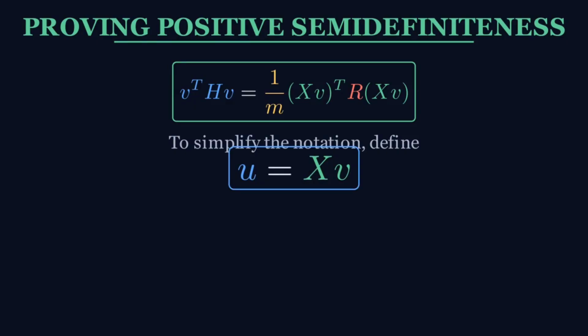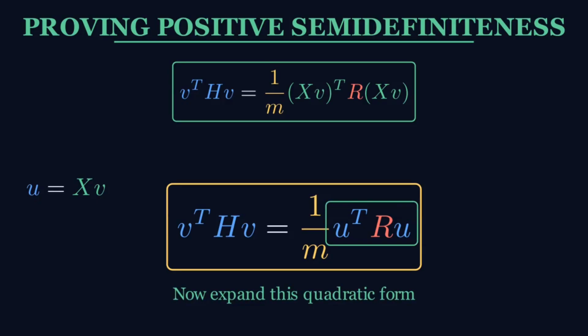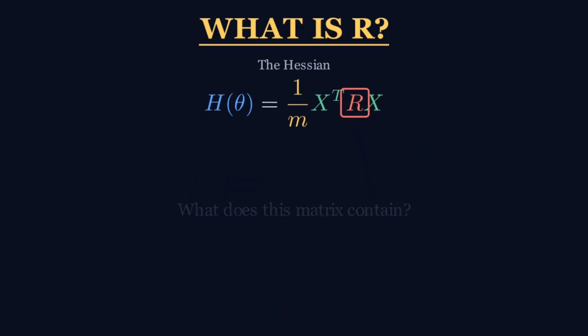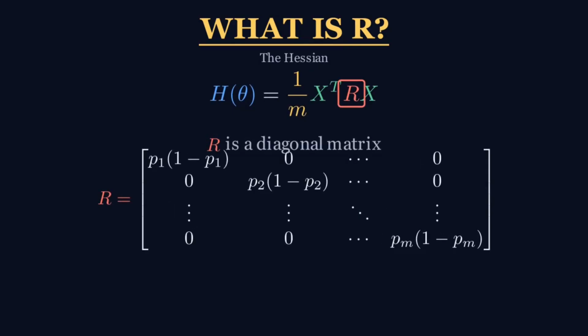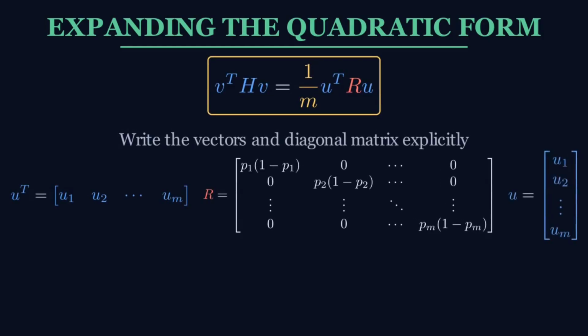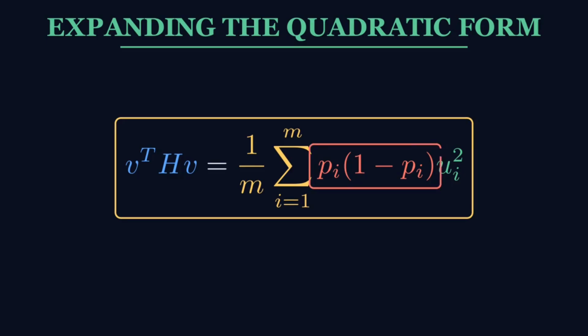That leaves us with 1 over m, u transpose R u, and that's exactly why writing the Hessian as X transpose R X is so useful. Because R is a diagonal matrix, expanding the quadratic form is incredibly simple. We get this. Now look carefully at every term in the summation. The first part, p_i(1 minus p_i), is always greater than or equal to 0 because every probability lies between 0 and 1.